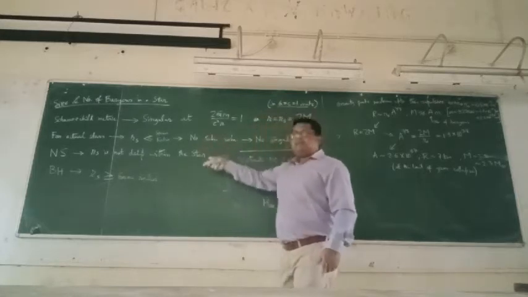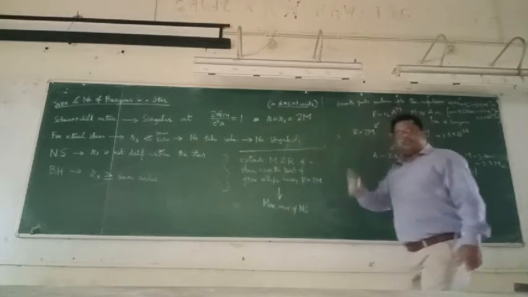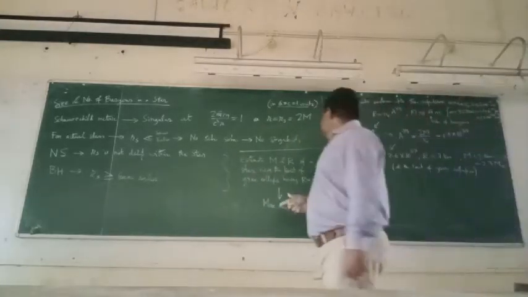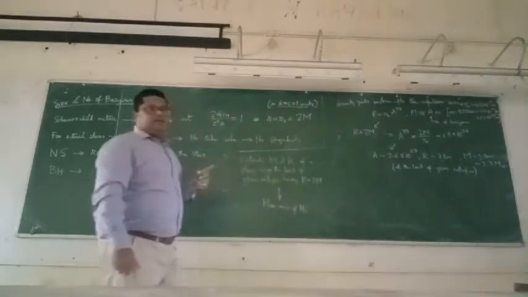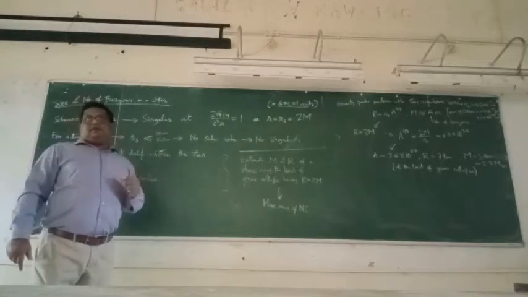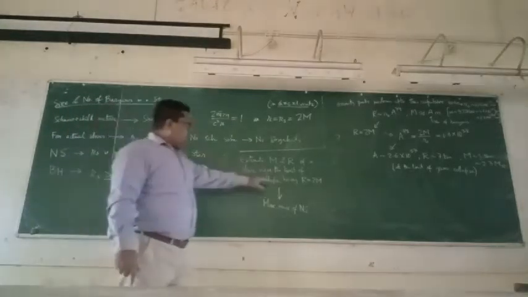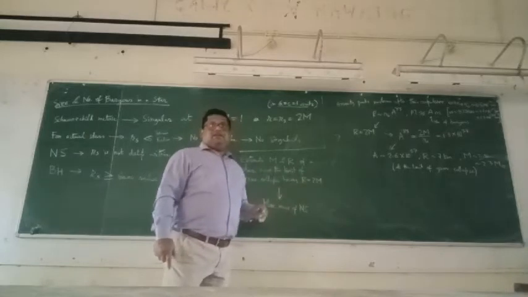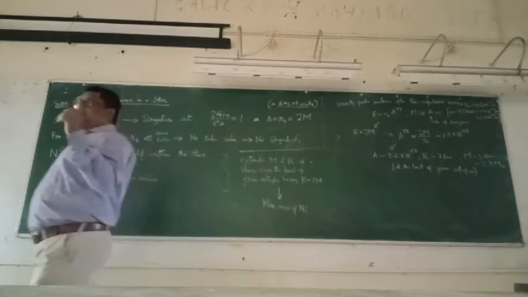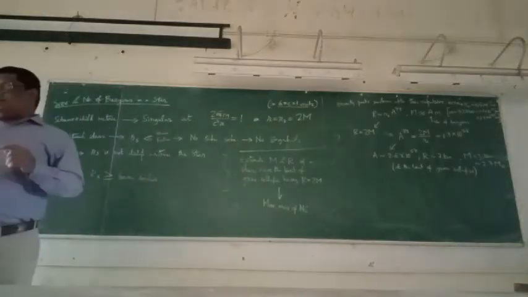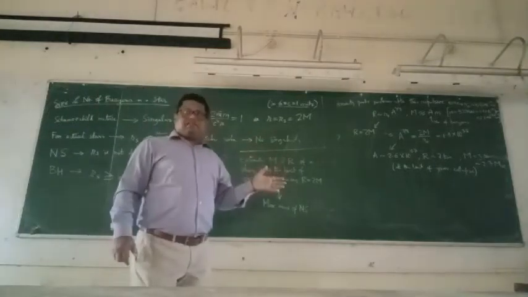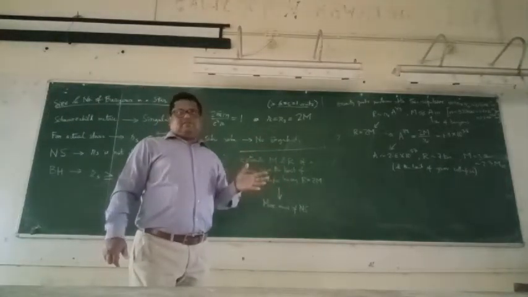Now if I utilize this concept, then it is possible to estimate the mass and the radius of a star near the limit of the gravitational collapse, having this particular condition, R equals 2M, and this will give me basically the estimate for the maximum mass of a neutron star. This is one of the ways of estimating the maximum mass of a neutron star, right?